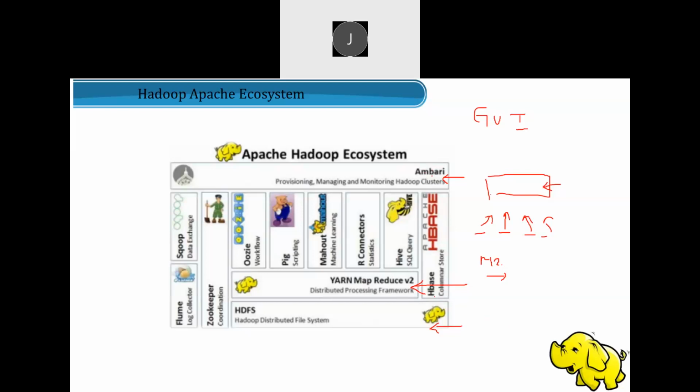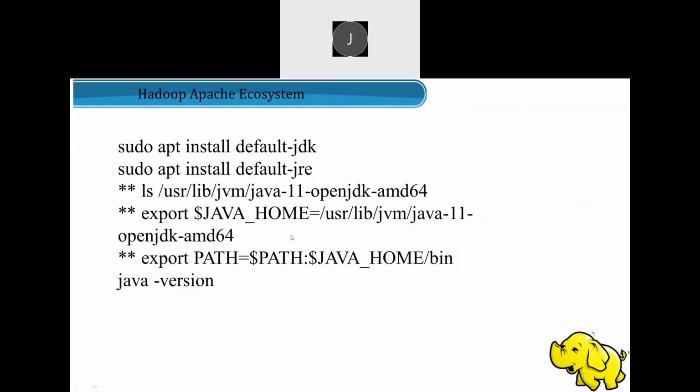We will not see Ambari now, but if you are interested after understanding installation, you can download it, put it on a server machine, and run it. Okay, this all we'll see in detail one by one.